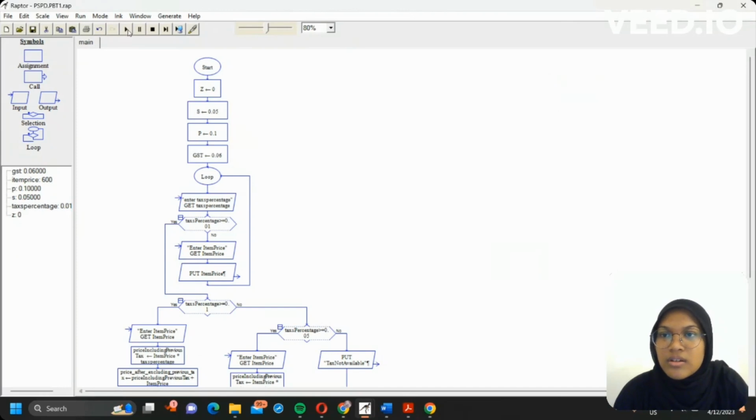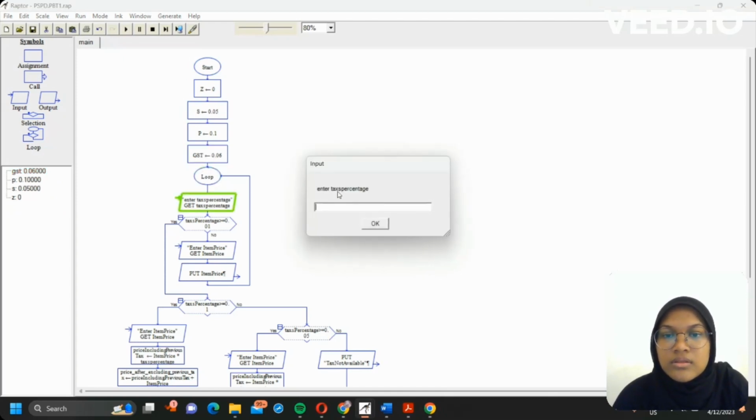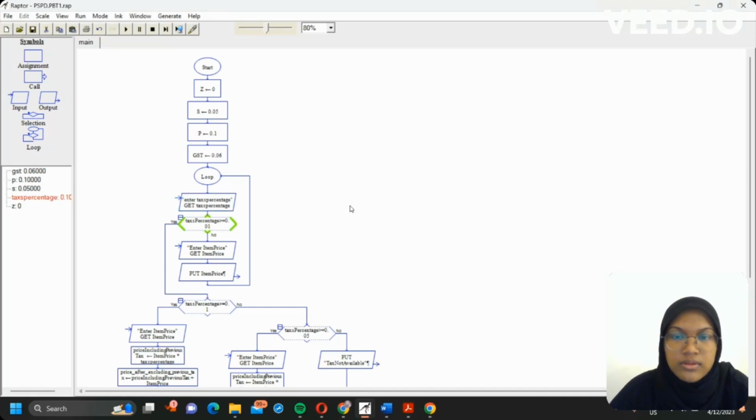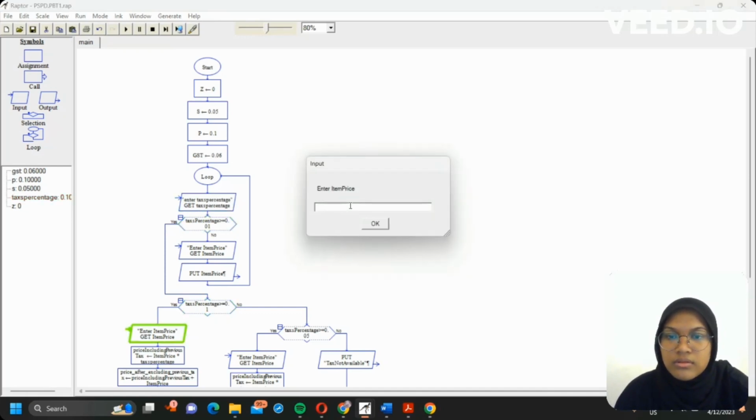Percentage. I'm going to run the flowchart. Here I'm going to add the percentage 0.9. Then it asks you to put the item price and press enter.